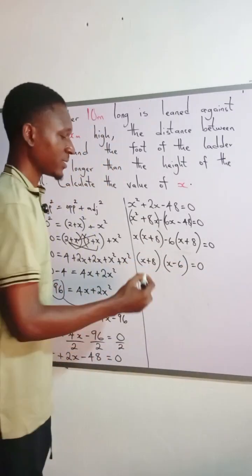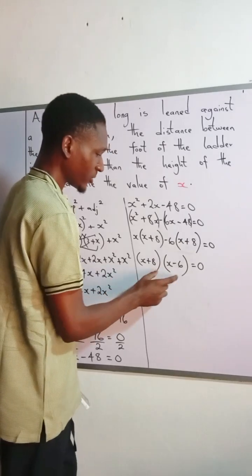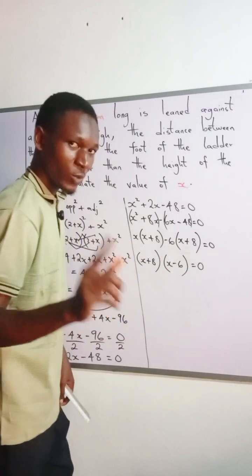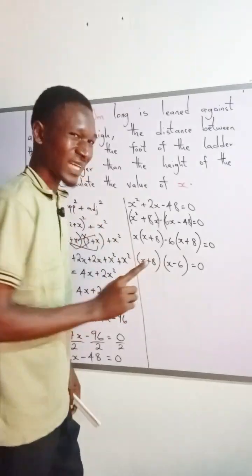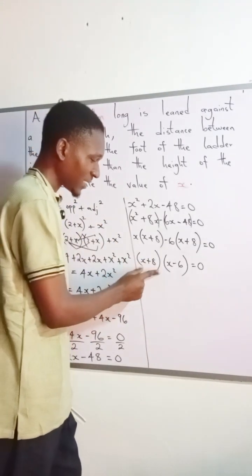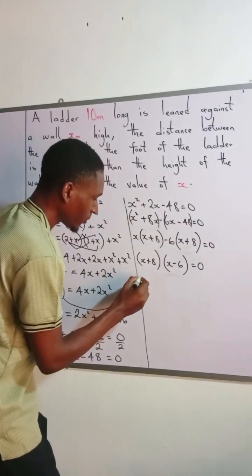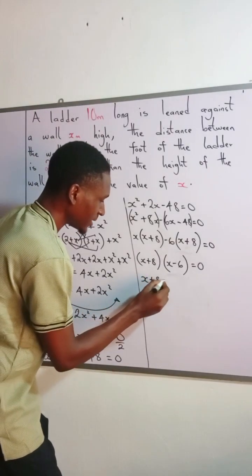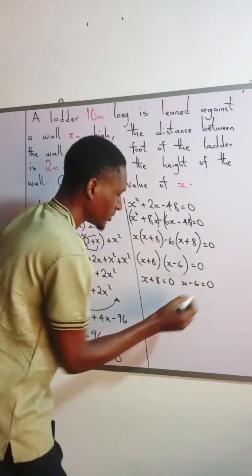So when we have something like this, a multiplication, it is telling you that you multiply two different numbers and you get 0. The only way you can multiply two numbers to get 0 is if one of those numbers is 0. That means this can either be 0 or this would be 0. So either x plus 8 is equal to 0 or x minus 6 is equal to 0.